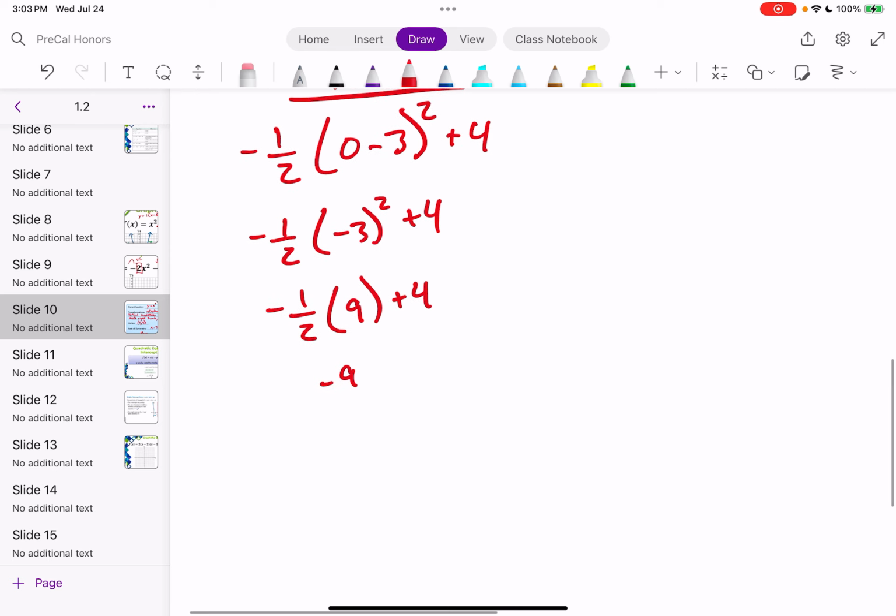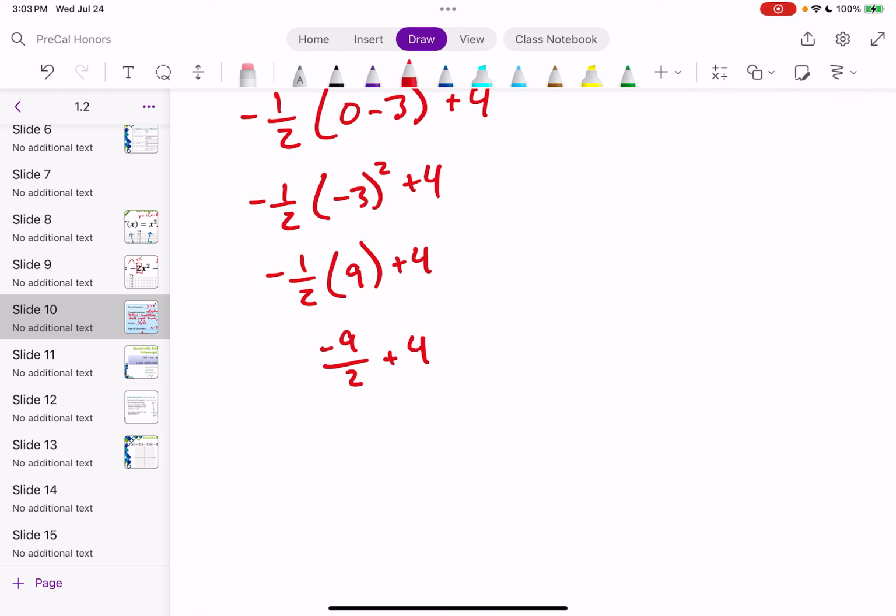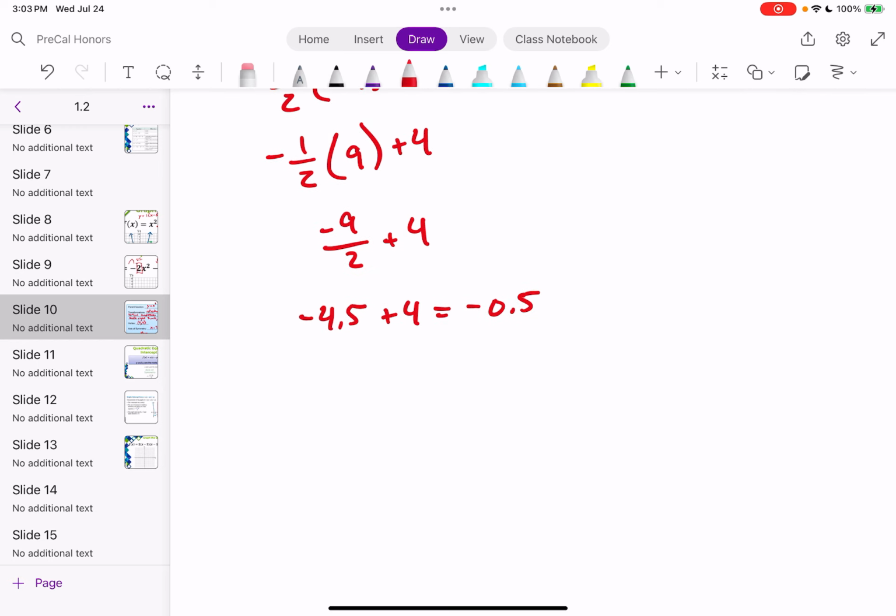We end up with negative 9 over 2 plus 4. Now we can leave this as a fraction, or we can turn this into a decimal. Either way is perfectly fine. This would be the same as saying negative 4.5 plus 4 is equal to negative 0.5, and we turn this into our point (0, -0.5). And that right there is going to be our y-intercept.